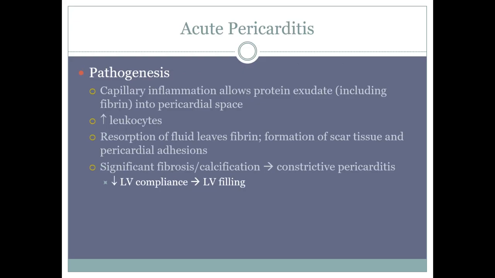Okay. What happens during acute pericarditis is that the pericardium becomes inflamed into a virus or infection, whatever it might be, and that allows protein to enter that pericardial space that's not normally there. And some of the proteins that enter that is fibrin. Remember, fibrin is a growth coagulant sort of mediator, right? So when everything resolves from the acute pericarditis standpoint, the fluid leaves, gets reabsorbed back into the rest of the body, but it leaves all those proteins behind, including fibrin.